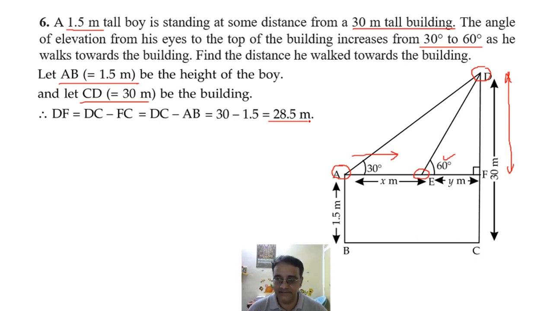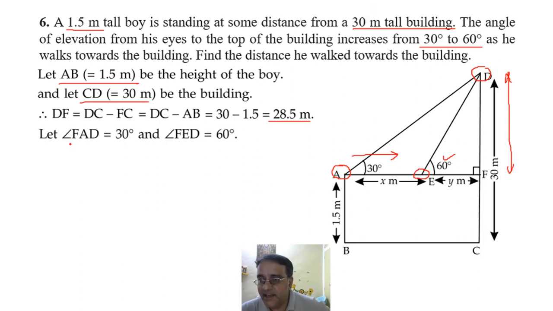Now how many right triangles we have here? 2. Identify. AFD, DEF. Very good. Now these two angles are also given. Angle FAD is equals to 30 degree and angle FED is equals to 60 degree.